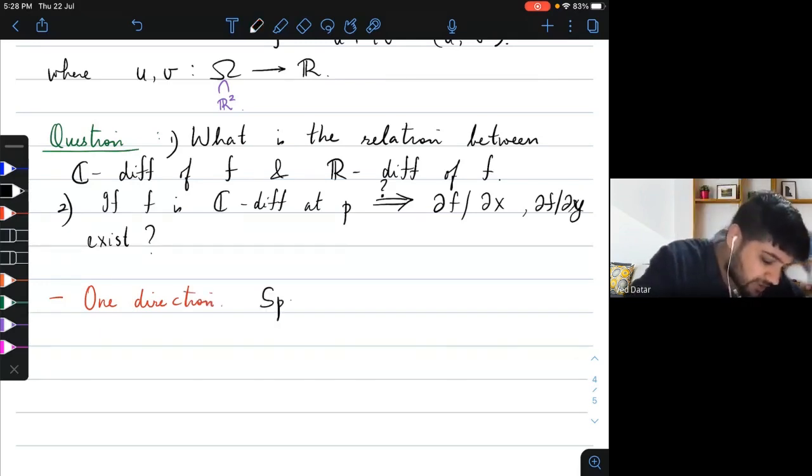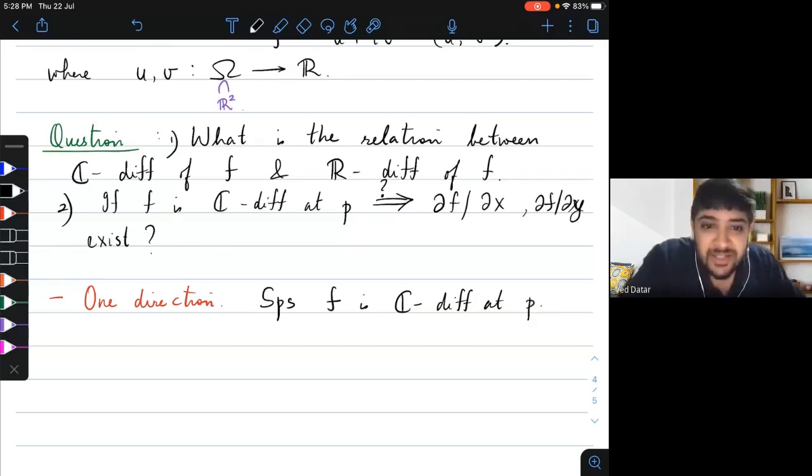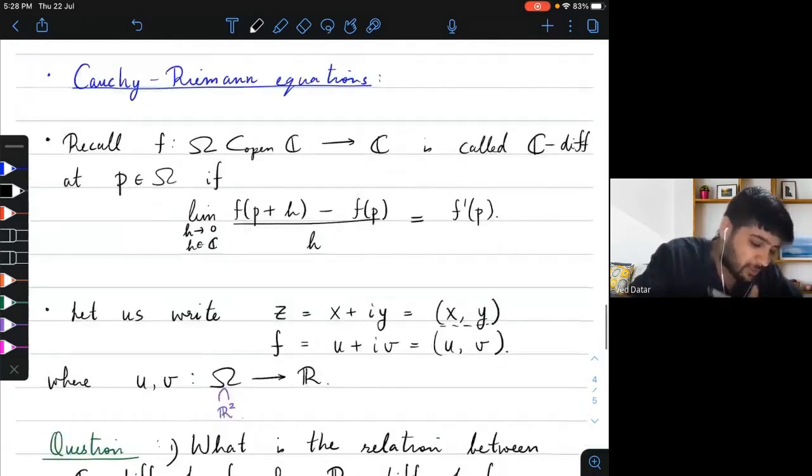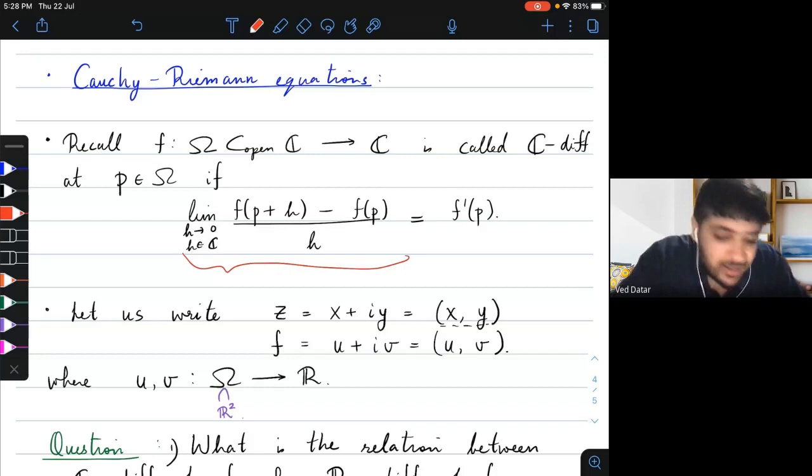So suppose f is actually C differentiable at P. Okay, then let's try to understand what happens. C differentiability by definition means that this limit exists, right?